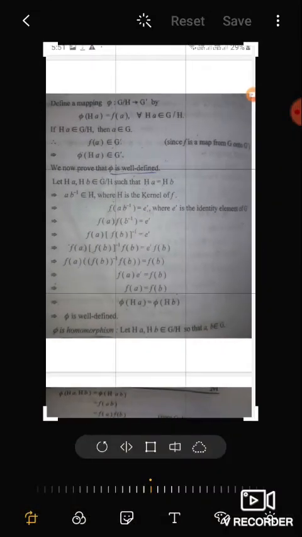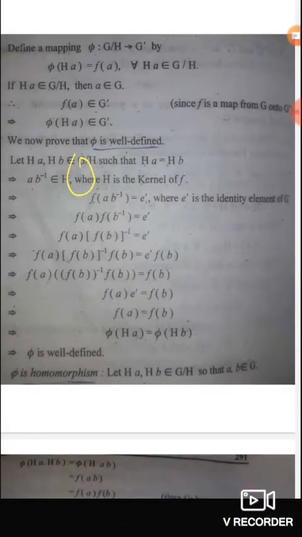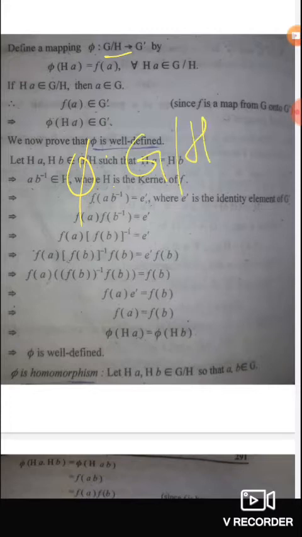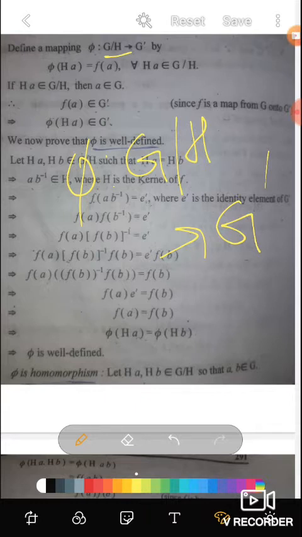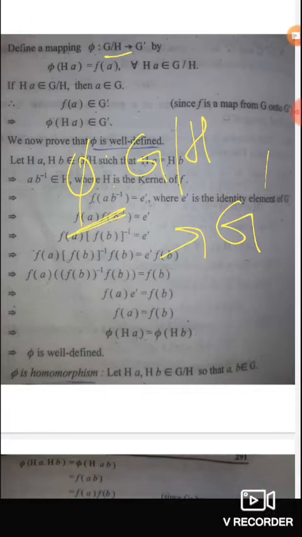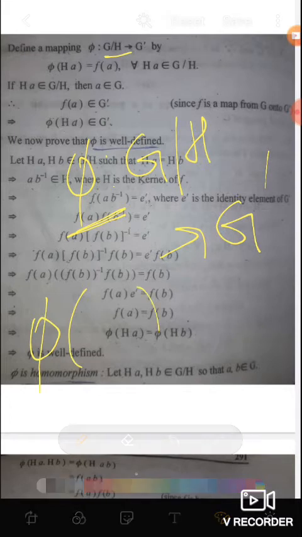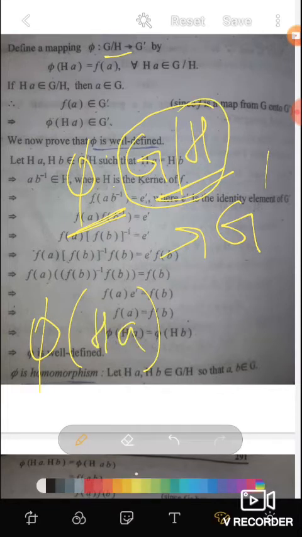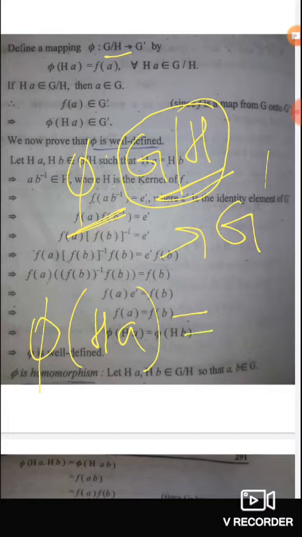Here we have taken a function phi from the quotient group to G dash. Now let us think how will we define this function. We will define this function by taking the element present in the quotient group, and we know that in the quotient group this type of elements, Ha, are present. Fine. This will be equal to some element that is present in G dash.